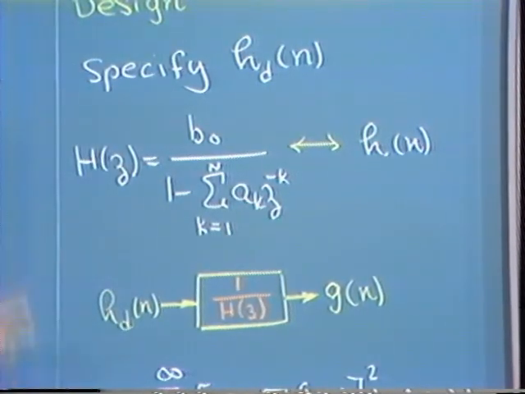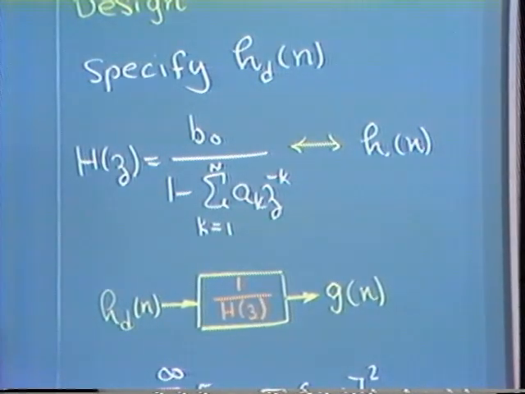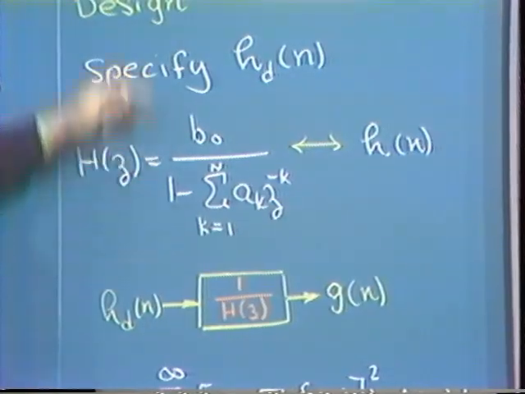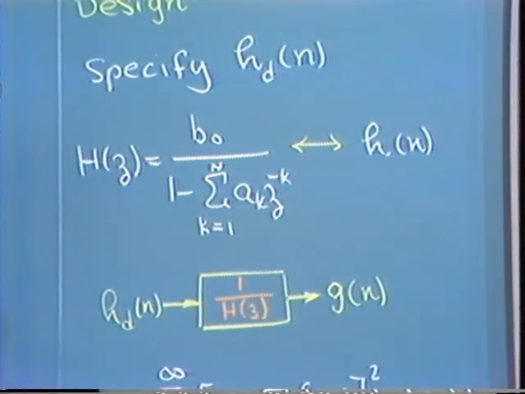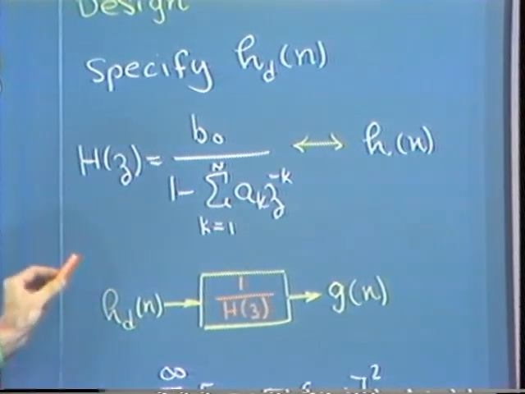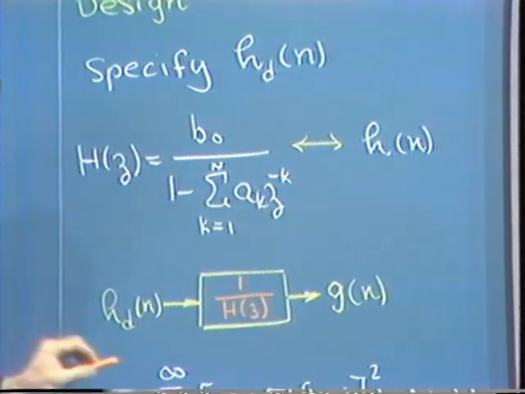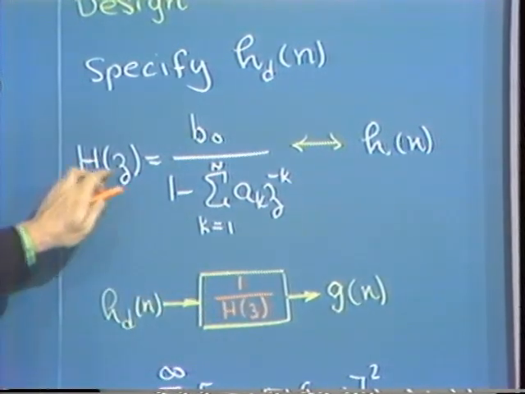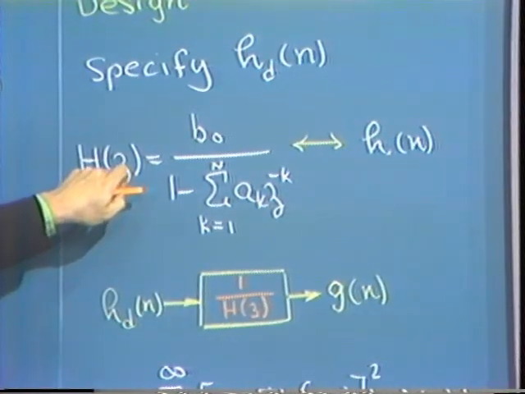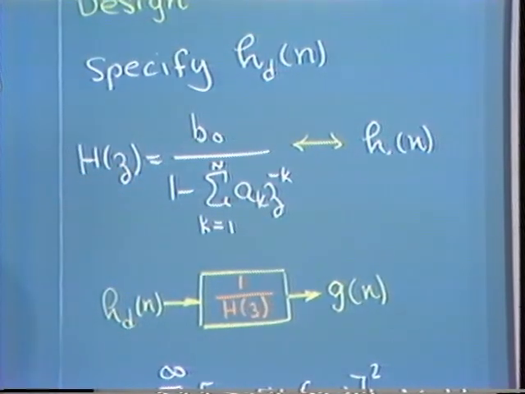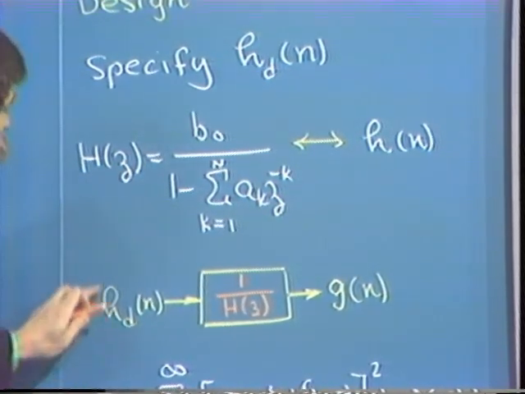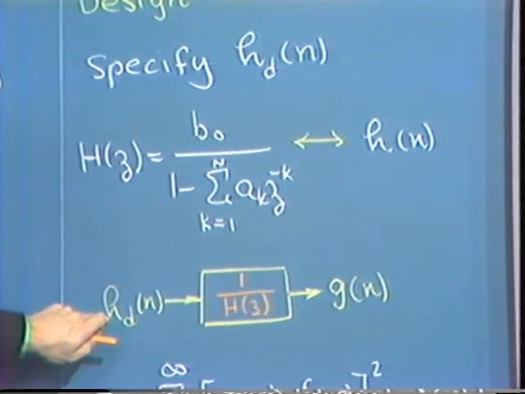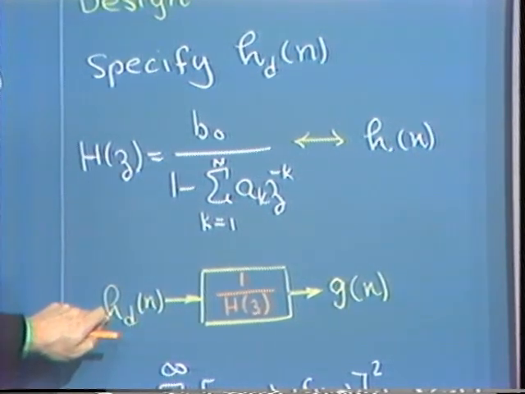I don't want to elaborate on the details, but basically the procedure is set up to consider a system whose system function is the inverse of H(z), so that system is an all-zero system, and then choose as an input to that system the desired unit sample response.